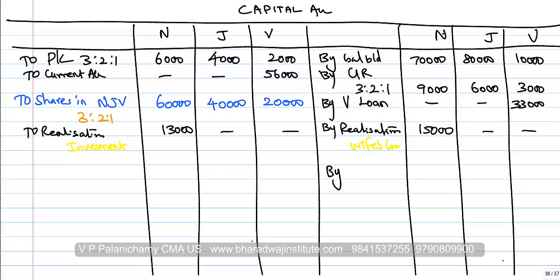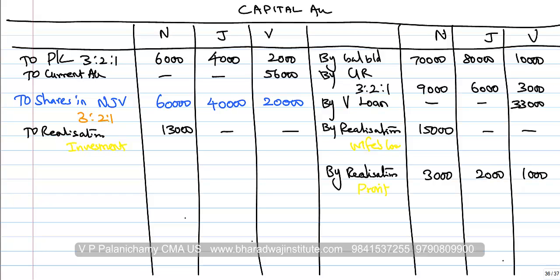By realization. Why this by realization? For profit. What is the profit? 3,000, 2,000 and 1,000. Tally this, you will get cash or bank balancing for that. It can be by cash also.